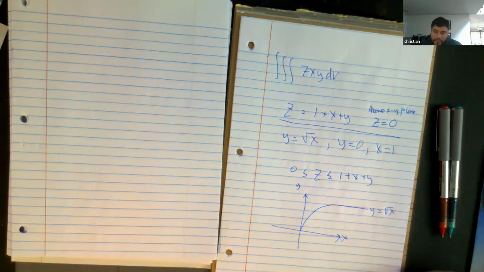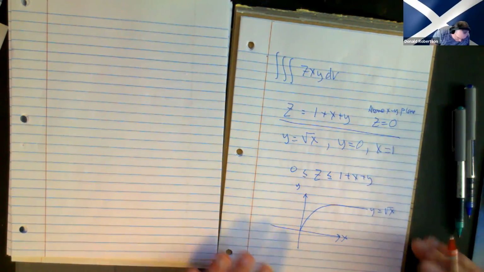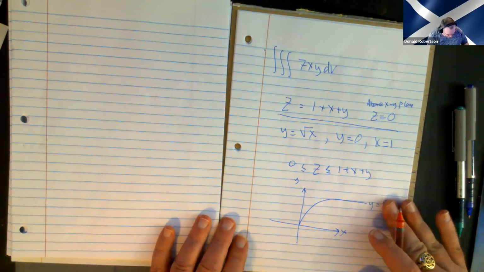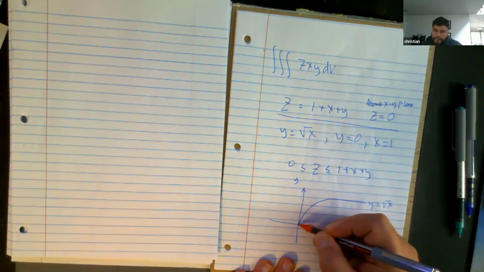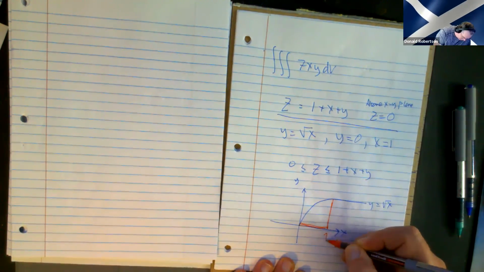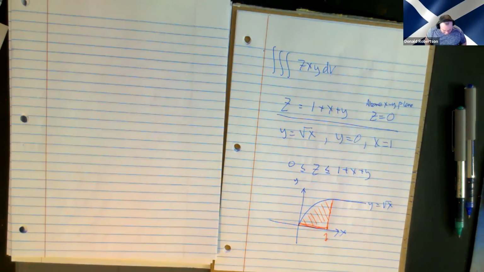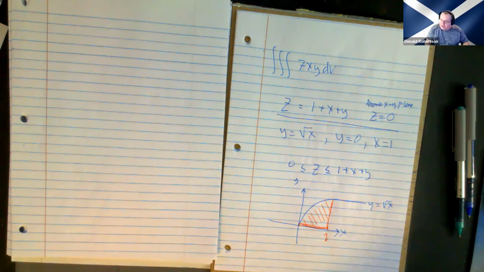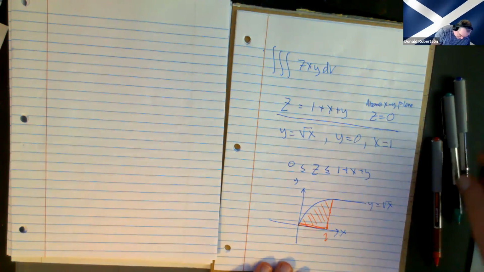Is it the x or the y axis? It should be the x-axis. Yeah. And then finally, x equals 1. So you put that package together. That's the region that we need to now use to describe the range of x's and y's, right? It's this little corner cheese looking shape.